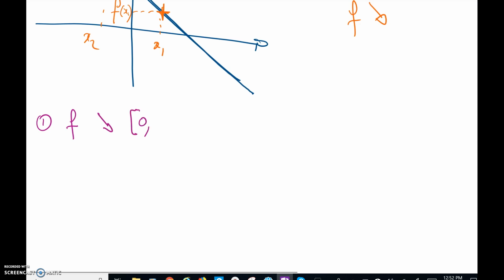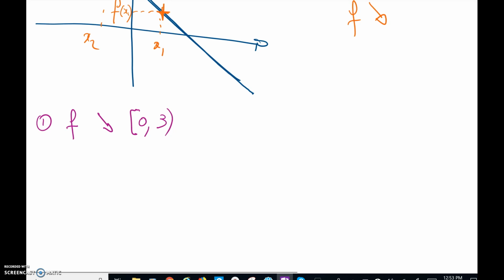Why a bracket? Because you have a solid dot at x equals 0. Up to x equals 3, but it's a parenthesis. Why? Because there is an open dot at x equals 3.